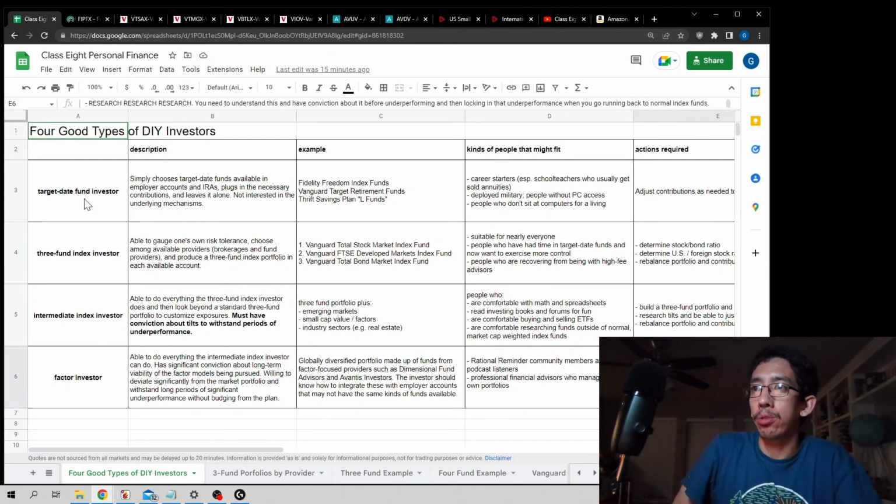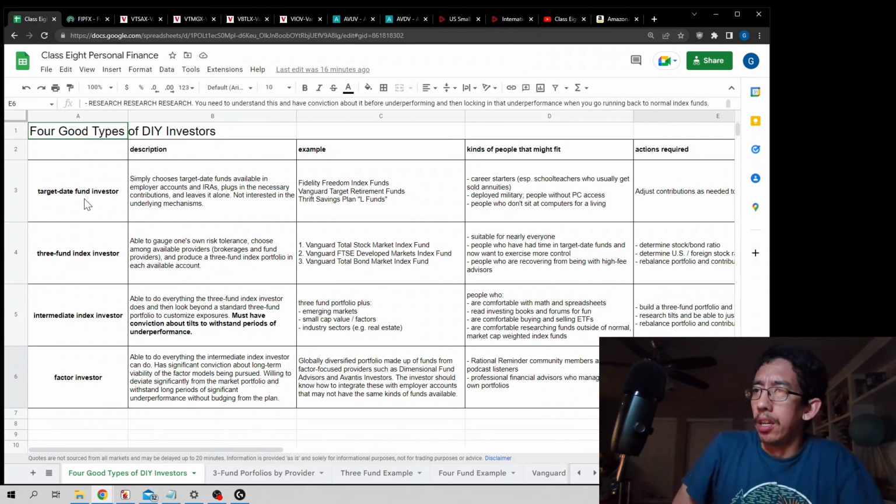If you're the kind of investor who should be in a target date fund because you're liable to commit behavioral errors, don't go into factor investing because you're going to dump it the moment these factors start underperforming. Value had a decade-long period of underperformance that ended basically when the pandemic started.